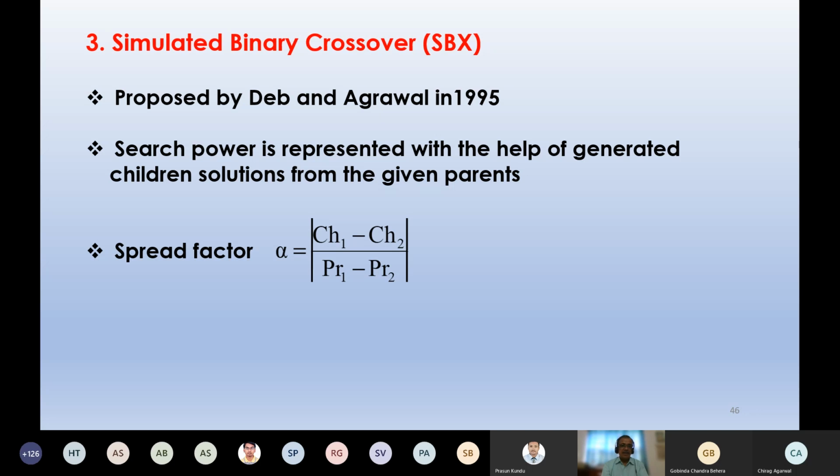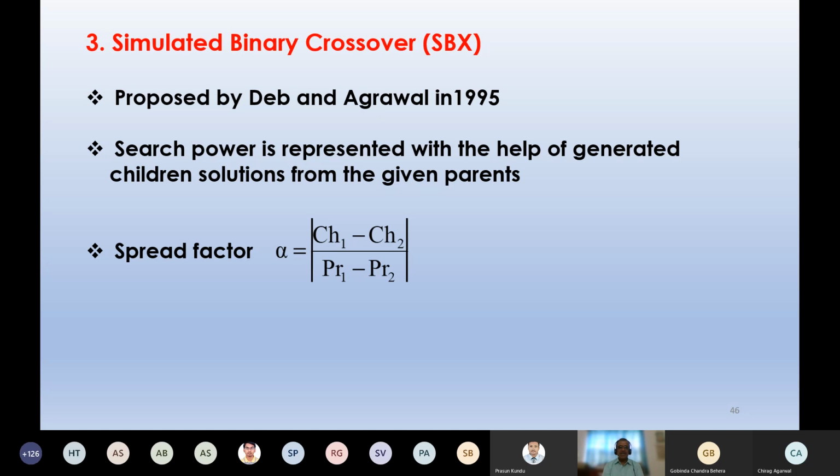Now, let us explain the working principle of this particular SBX crossover operator. In SBX, search power is represented with the help of generated children solutions from the given parents. So we have two parents, and we'll have to generate two children.